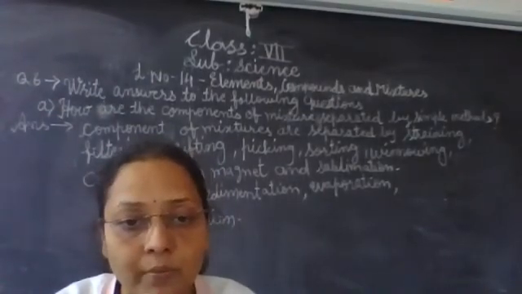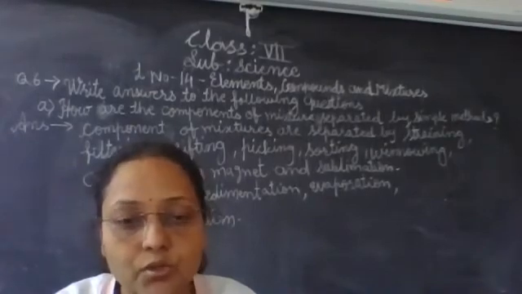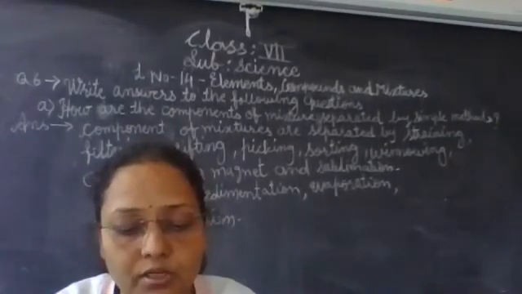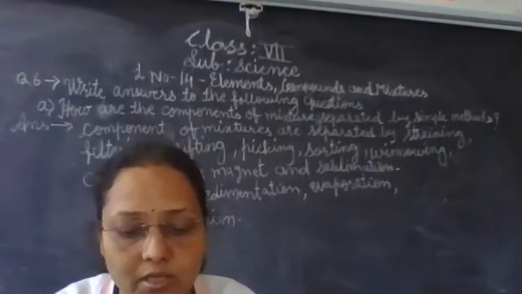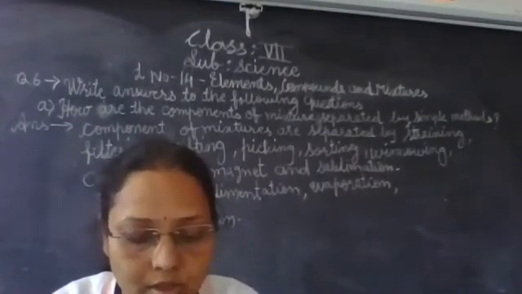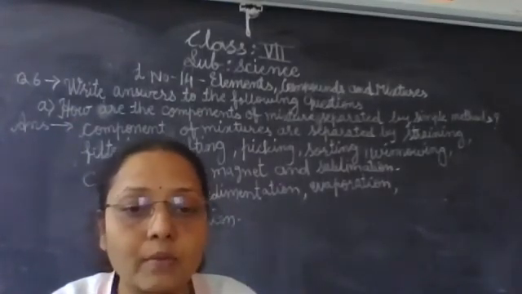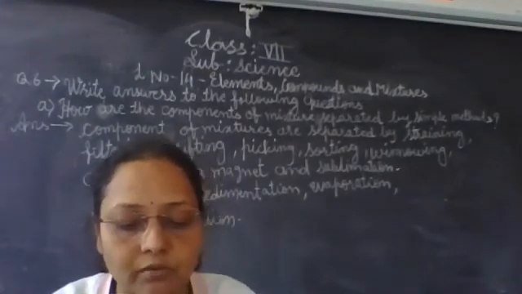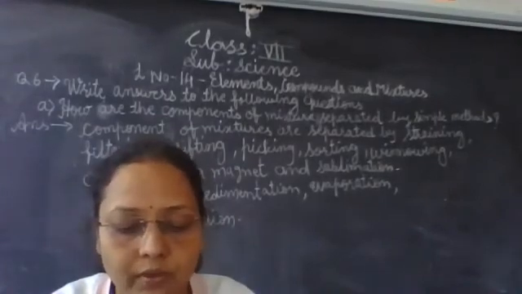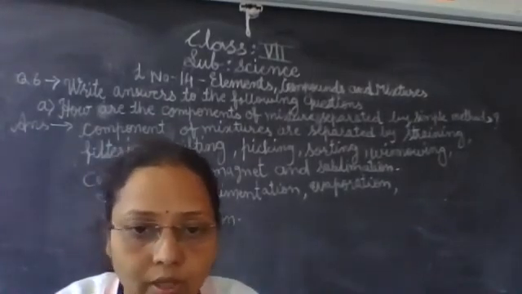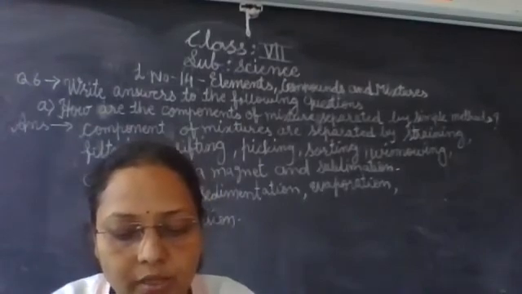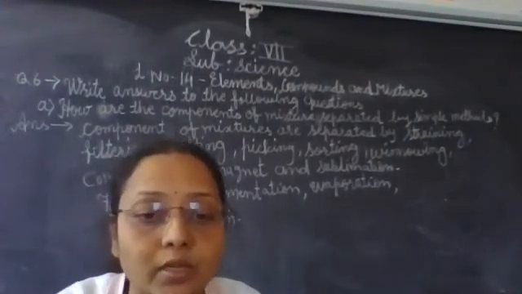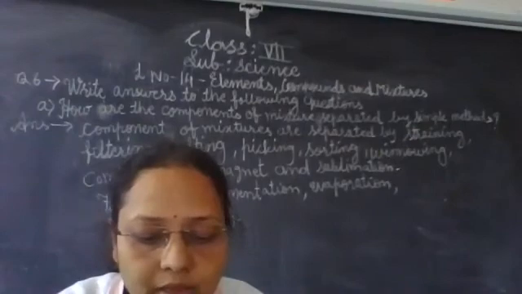Then third is the evaporation method. It is used for recovering dissolved solid substances from solutions by evaporation method. So sugar can be recovered from sugar water by evaporation method. Okay, then distillation method, you know, it's a laboratory method. So we already explained this method.